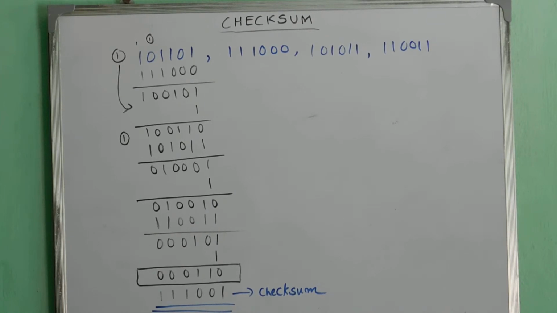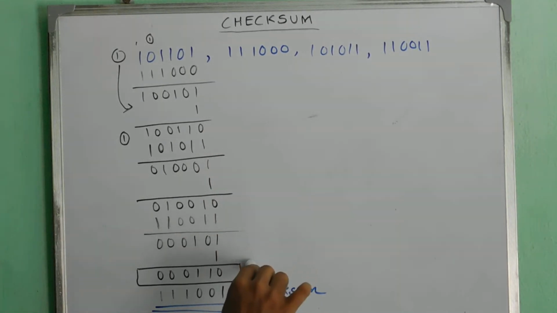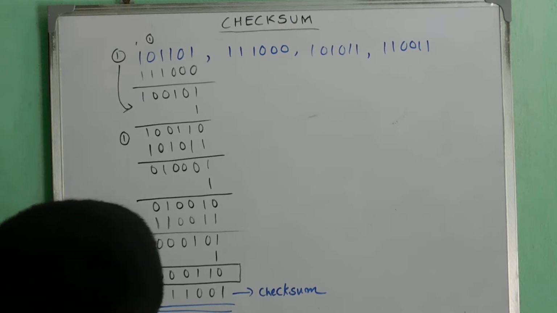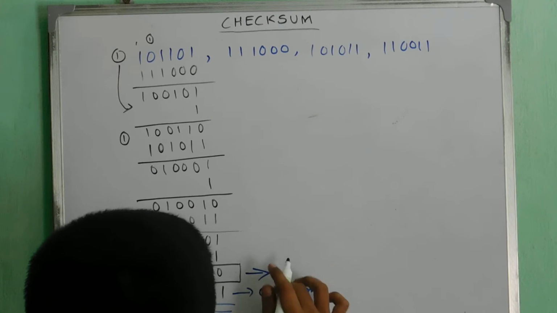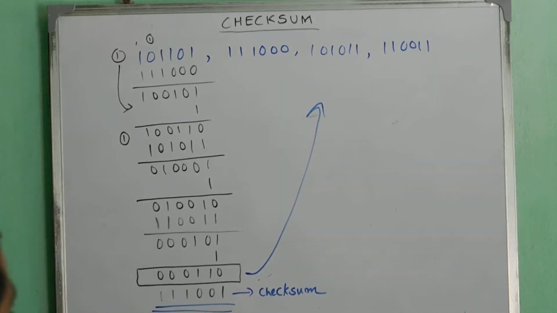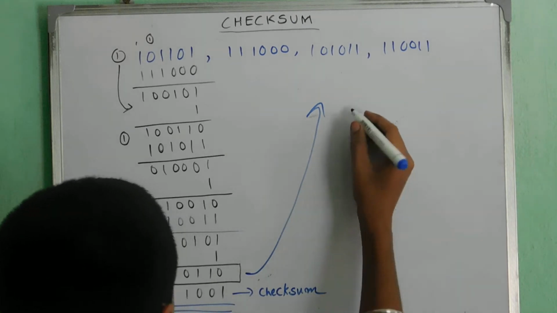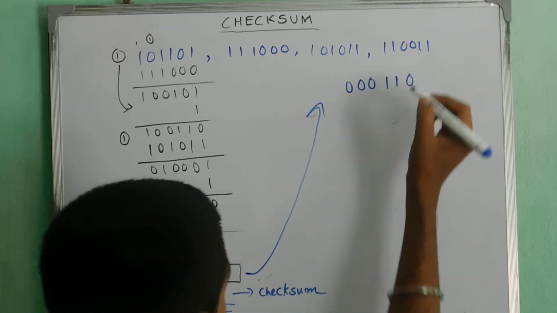Now at the receiver's end, what we will do, we will perform the same addition up till this one. Okay, up to this one it will remain same. So what will be our answer? Our answer will be finally 0 0 0 1 1 0.